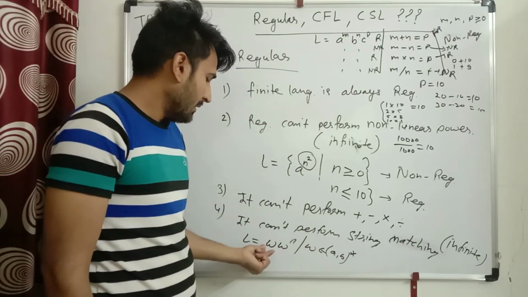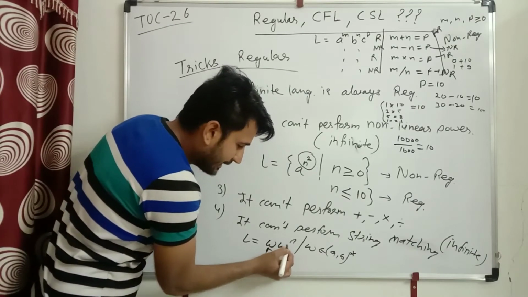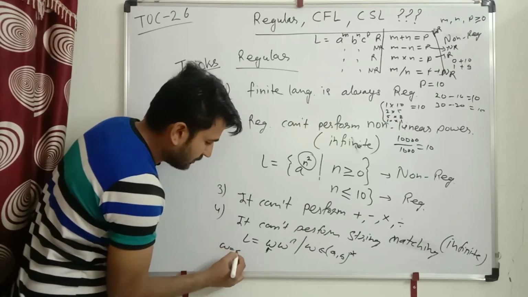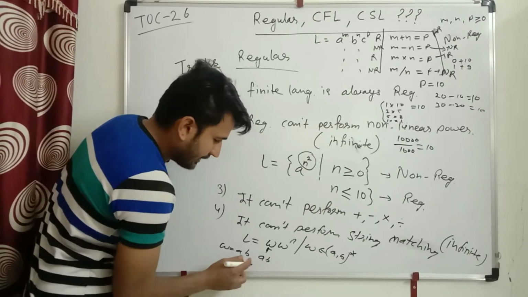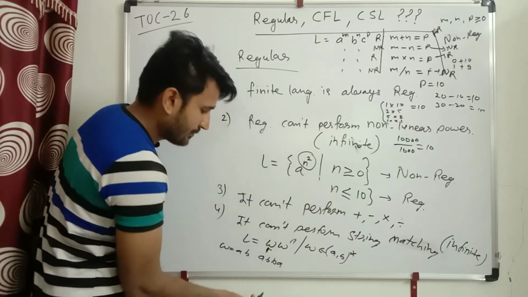This is the language, W is the string, and W^R is the reverse of the string. For example, the string W equals AB, the reverse of W is BA.